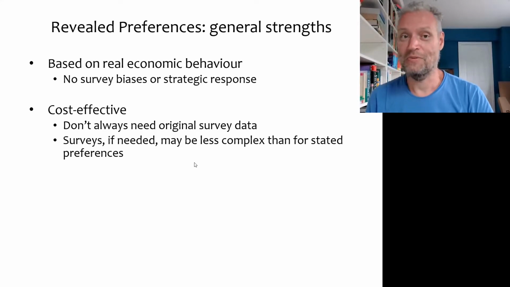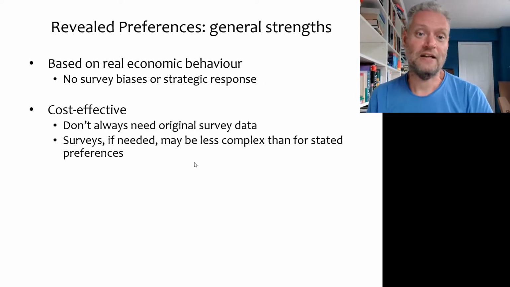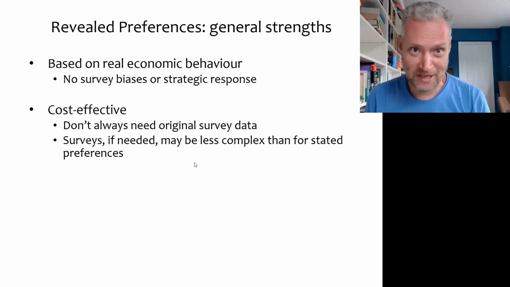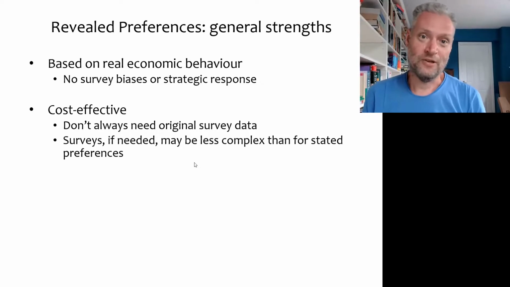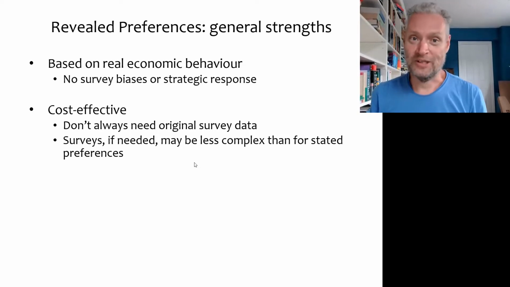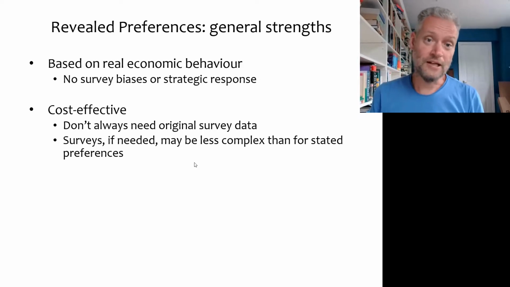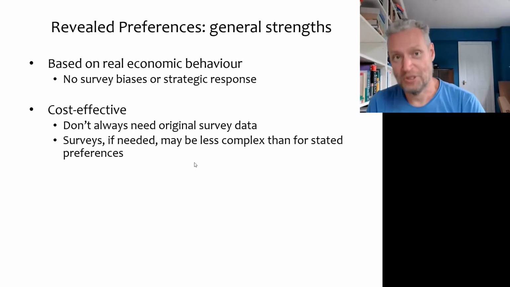The good thing about revealed preference methods is that it's based on real economic behavior. So you do away with all sorts of biases that can creep in when instead you're looking at planned behavior or stated behavior or hoped behavior. You're looking at people putting their money where their mouth is. Another good thing about revealed preference methods is that it's relatively cheap to do.